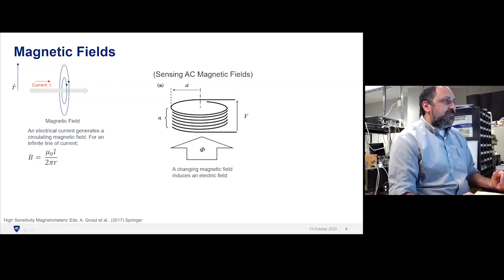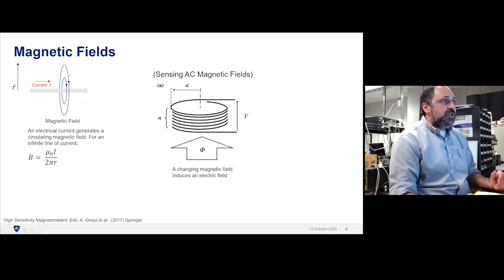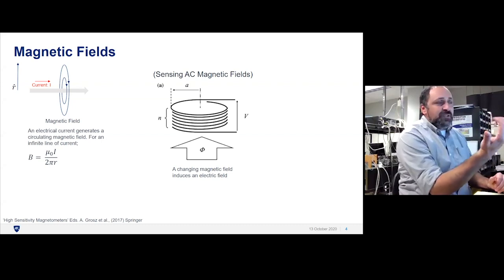As you go out, the magnitude of that field drops inversely with the distance from that wire. And that field is going in a circular direction. So if we were to talk about it as a vector, so a vector has a magnitude and direction, then it would be going that way in an angular way.